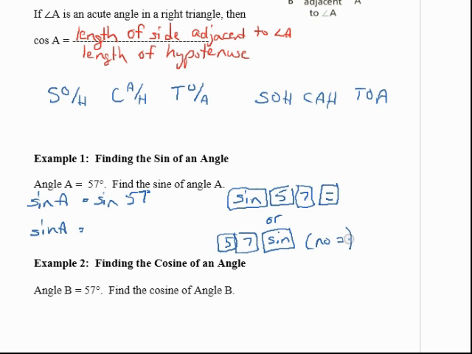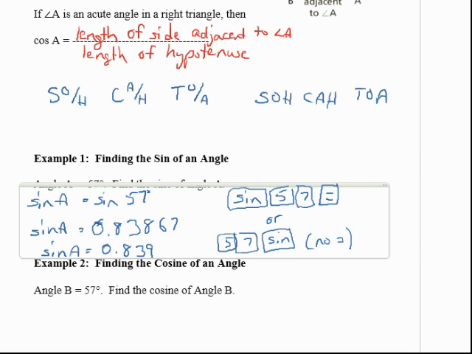Okay, so in this case I go sine 5, 7, equals, and I get an answer that sine A equals 0.8387. And generally, if it doesn't specify how many decimal places, I would suggest you go to 3 decimal places. 2 just doesn't seem to be enough most of the time. It doesn't give you a precise enough answer.